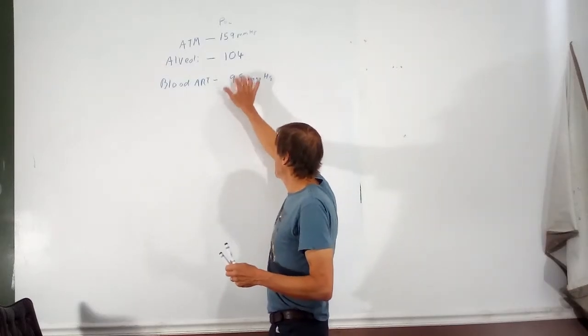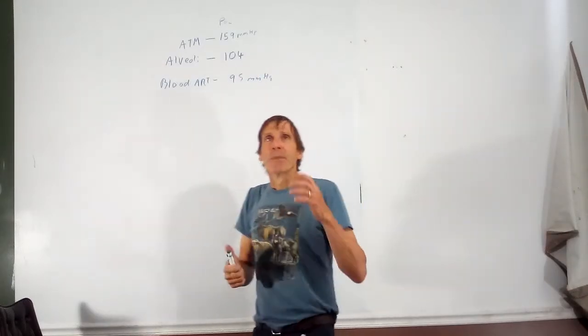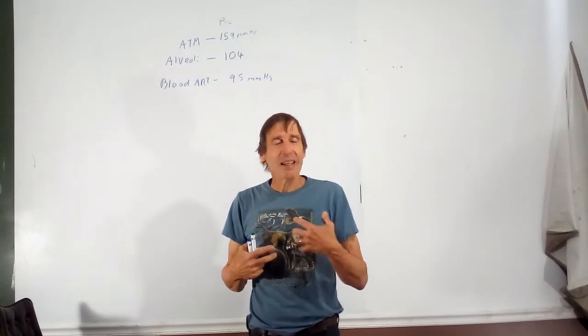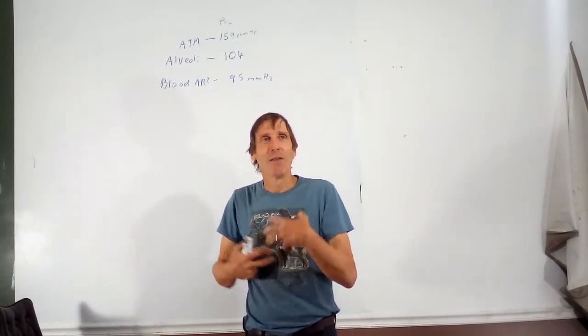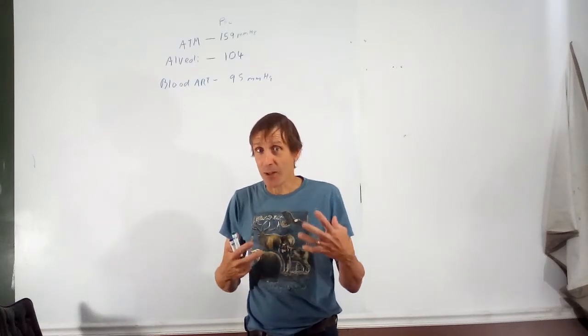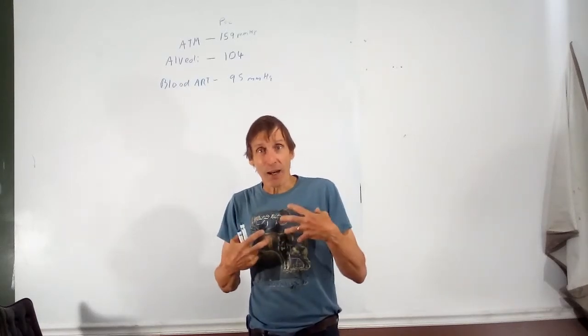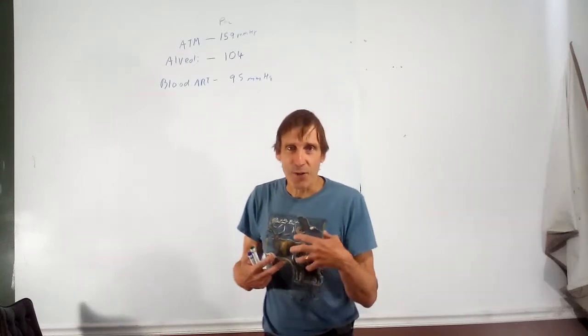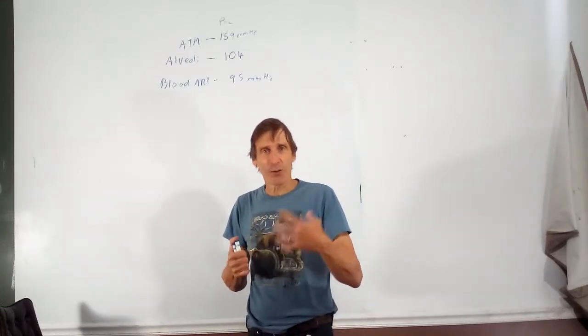That's not the same. 95 is not 104. That's not because of inefficiencies in diffusion. That's because of inefficiencies in ventilation perfusion matching. We talked about that earlier. We normally try to move the air to the same spot in the lungs where we're moving the blood. It's not 100%. You do have some physiological dead space.